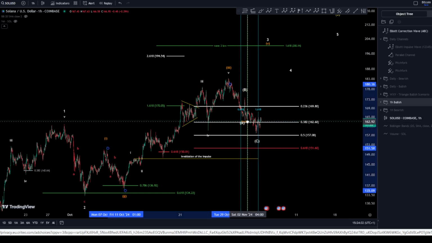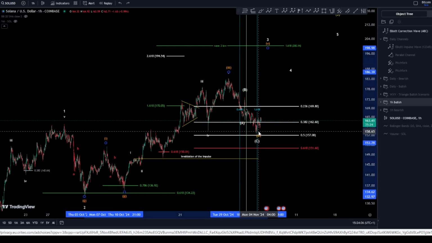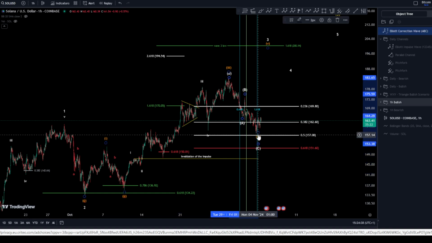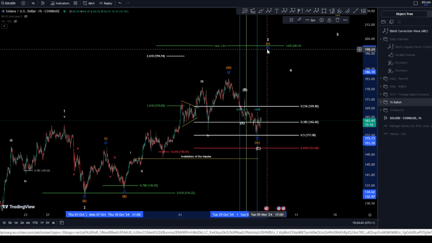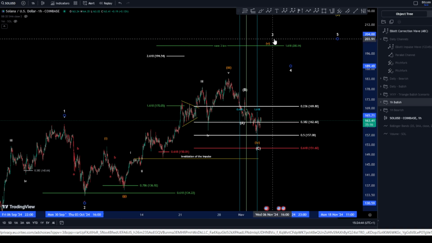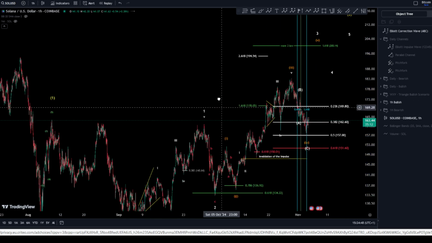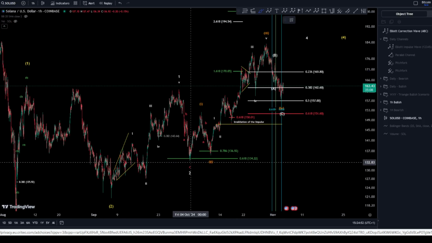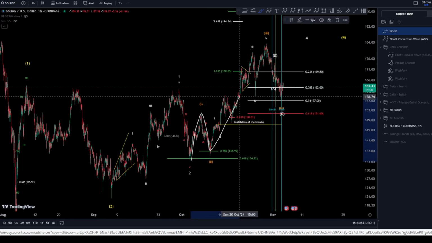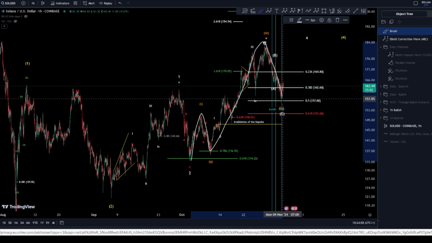So potentially it could be that this 4 did not finish yet as well. So this might be your wave 4 in orange scenario, where you are looking to reach, of course, still a wave 5 towards the upside. In that case, you have here a 1, 2, and then 3 in orange, and then 4, 5.